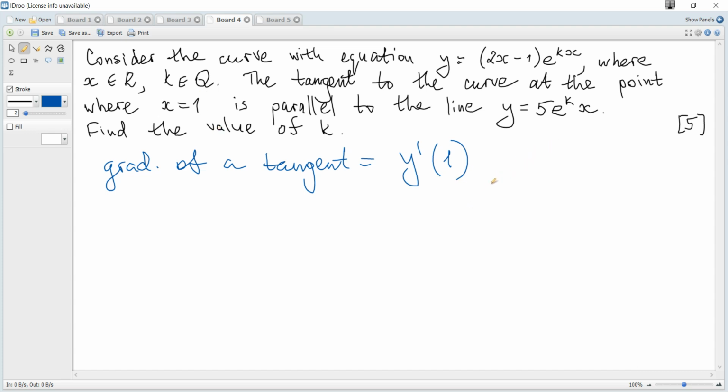And also the gradient of a tangent, since it is parallel to this line and it's a straight line, of the form as usual mx plus c, and the gradient is 5e to the power of k. Hence this gradient also is equal to 5 multiplied by e to the power of k.